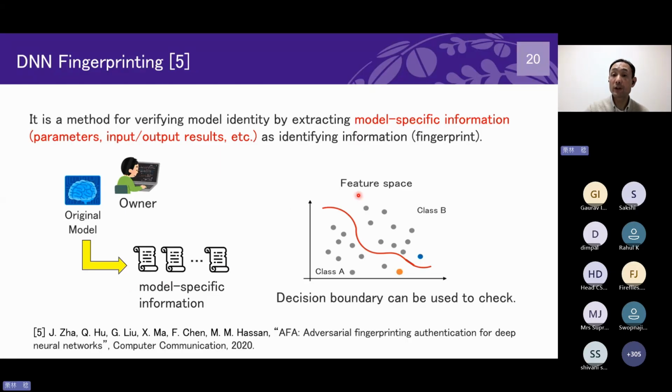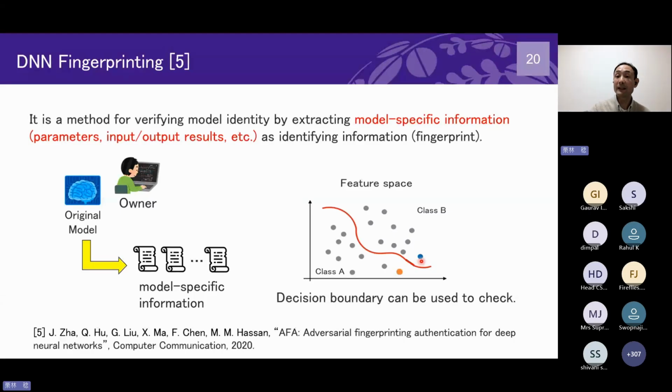So for example, here is a feature space, and some points are classified as class A, and some are classified as class B. And this red line is a decision boundary. So the owner tries to create some examples close to the decision boundary, and throws queries to the cloud server and receives the result.